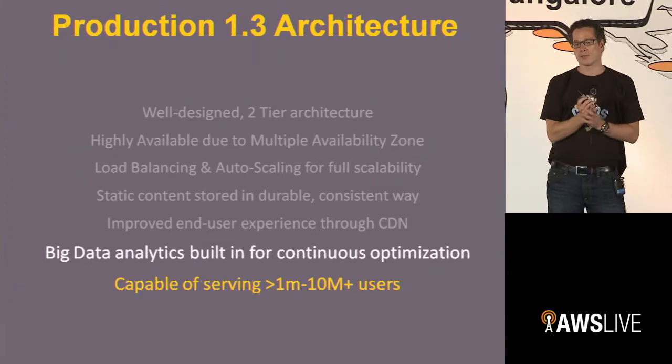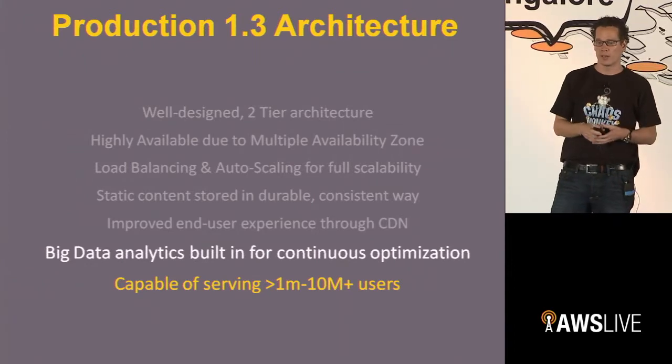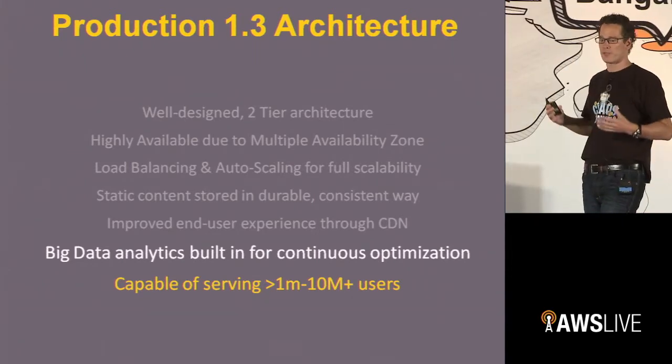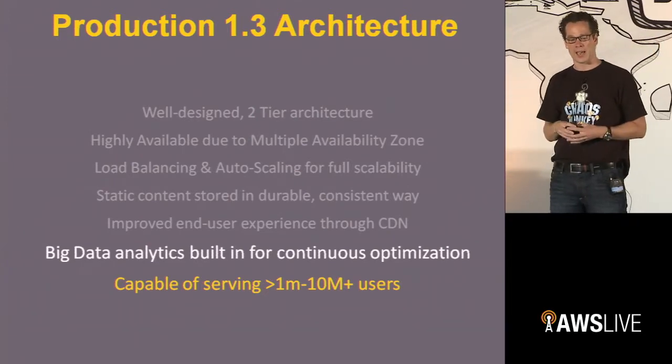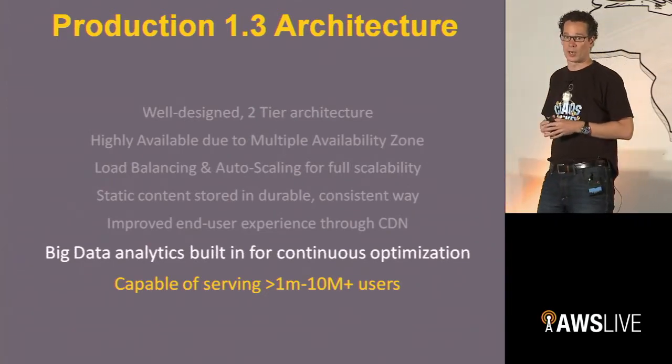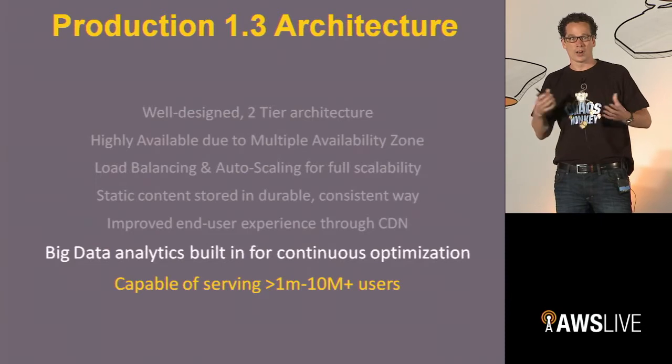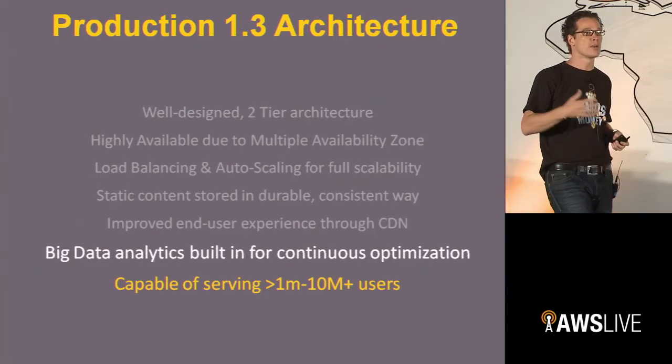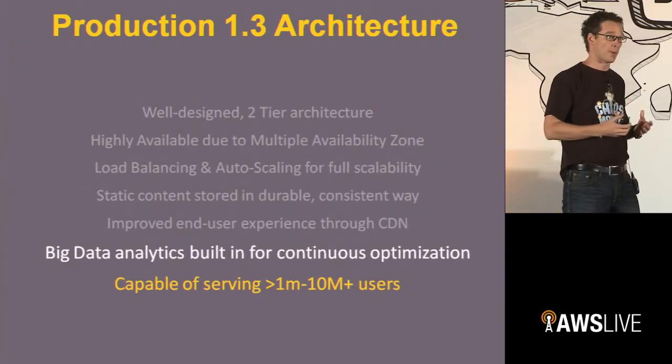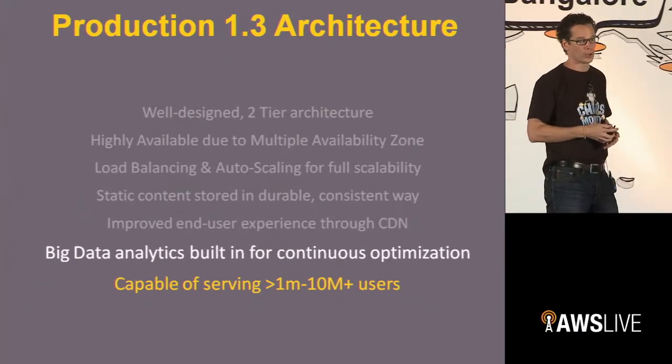So that kind of brings us to our production 1.3 architecture. Still all the benefits we talked about before, but now we also have big data analytics built in for continuous optimization. So with an architecture like this, you should be able to serve millions and millions of users. It's really powerful. Now, obviously, there's a lot more you can do.